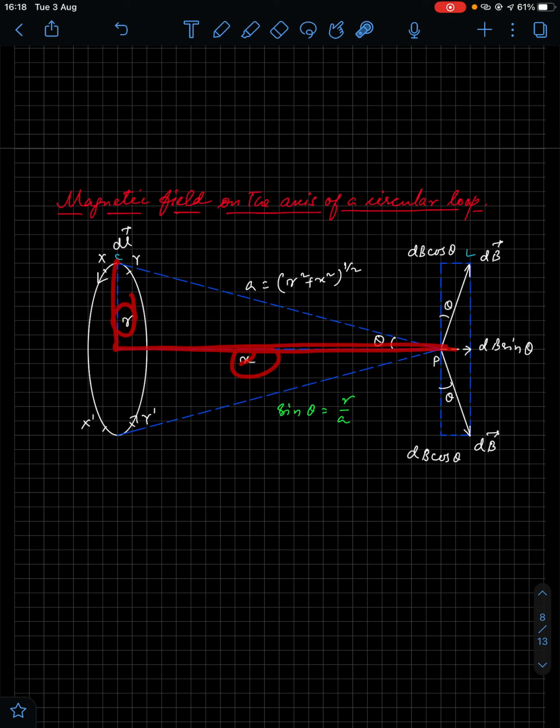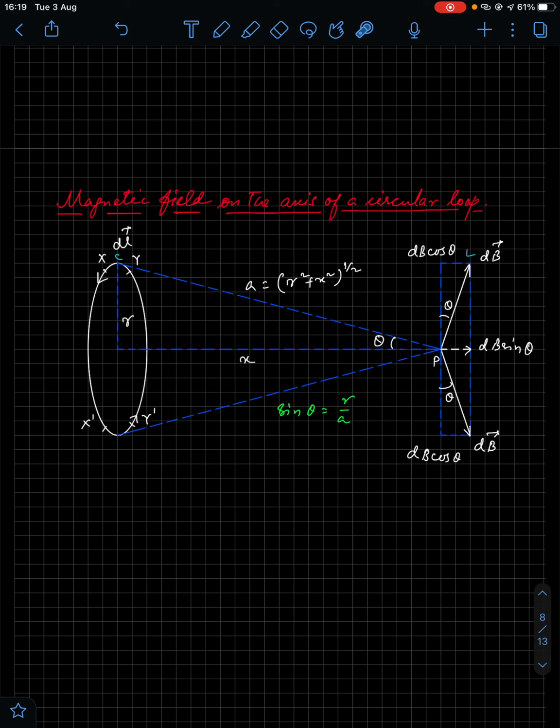This length is x, the radius is r, and then the hypotenuse will become square root of r square plus x square. So that is a, this is the hypotenuse. Now this particular angle is theta. Now magnetic field due to XY is dB here, magnetic field due to X prime Y prime is dB here.